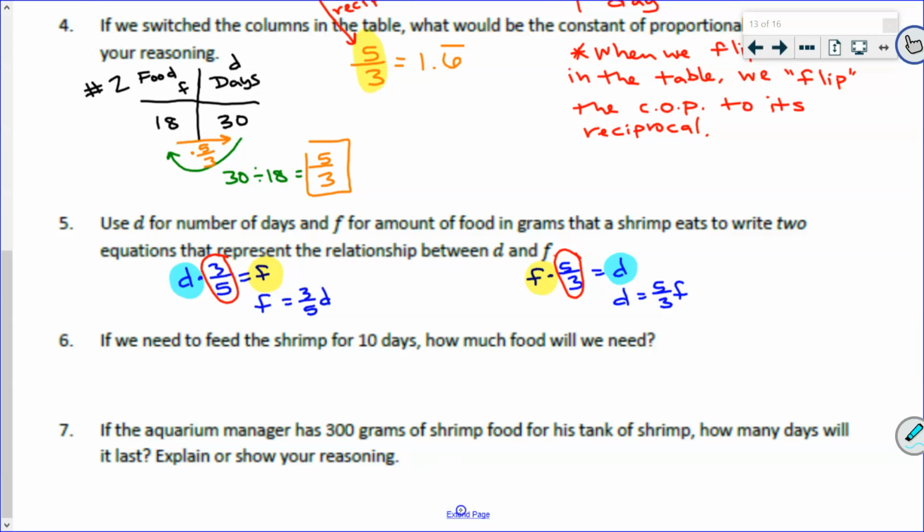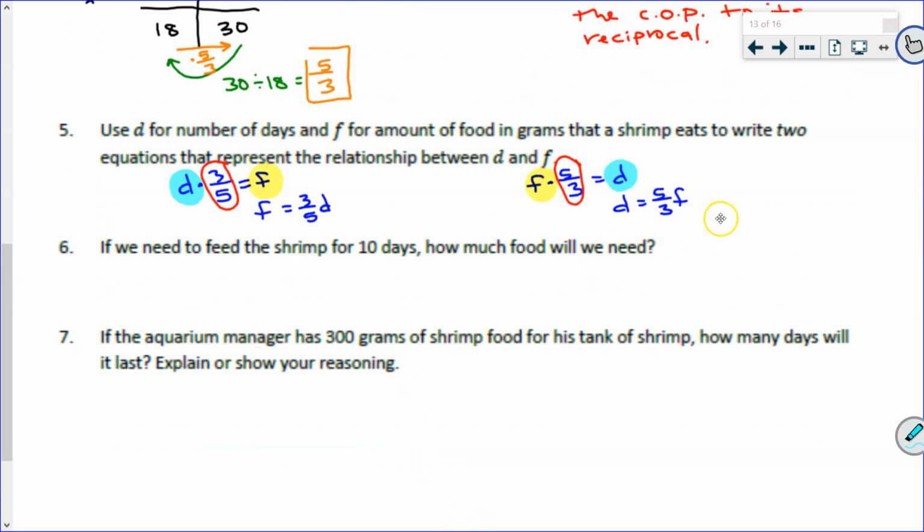For 6 and 7, we're asking two questions. It's important to know how to write equations, because then we need to use the equations to solve problems. Like this one. If we need to feed the shrimp for 10 days, how much food will we need? Before we even answer that question, I want us to figure out which of these two equations is going to be better.